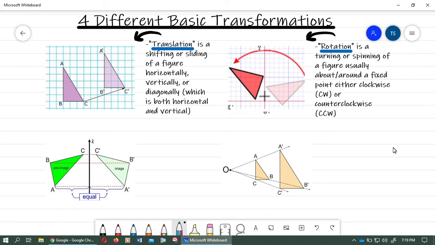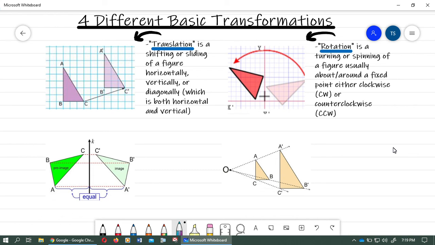Just because I teach math don't mean that I don't know some English terminology. Don't try to play me like that. But again, that spinning or rotating or turning, the formal name for it is rotation, and it is usually about a fixed point.